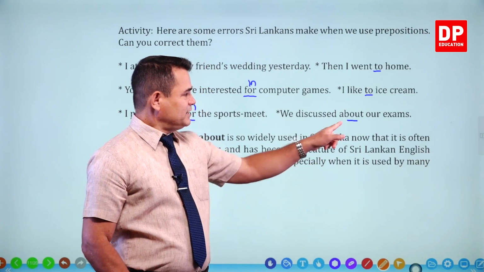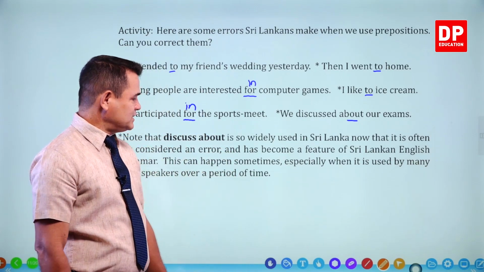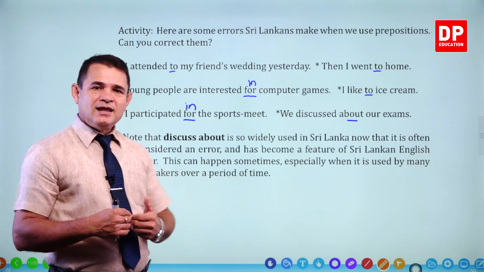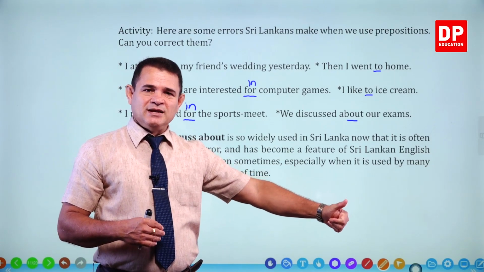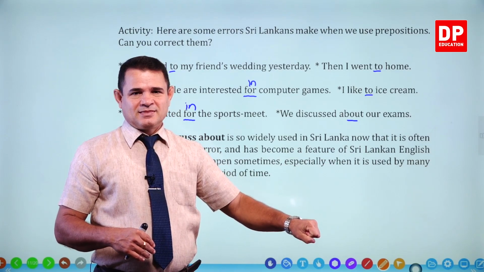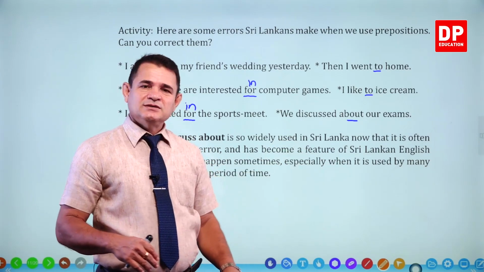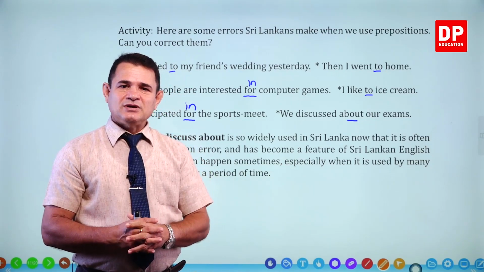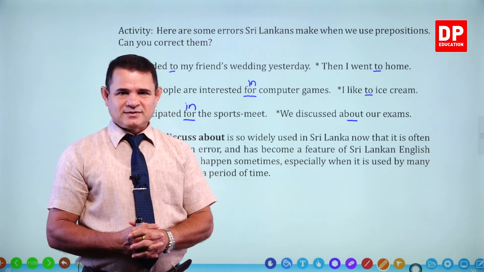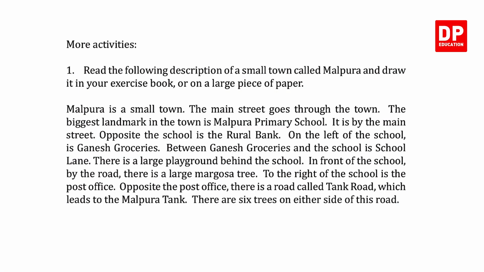Therefore, it is not considered as a wrong thing. මොකද කාලයක් තිස්සේ ඒ දේම සිදුවෙමින් තිබිලා සමාජයේ පිළි අරගෙන. එතකොට even if you use discuss about, it is accepted as Sri Lankan English. Right? Next one, more activities, right?